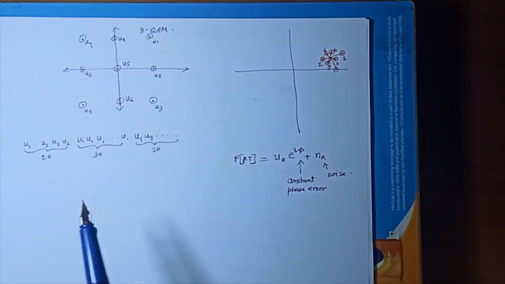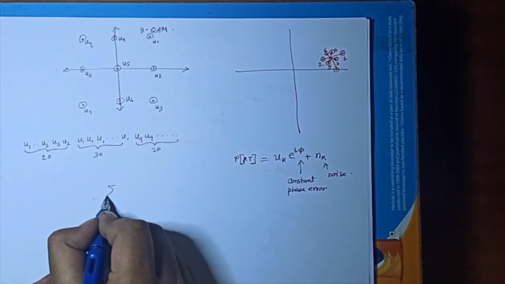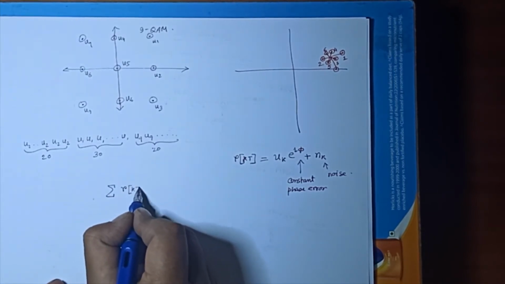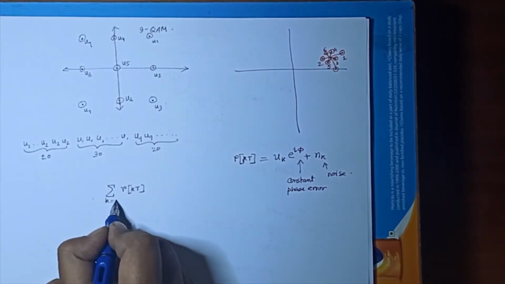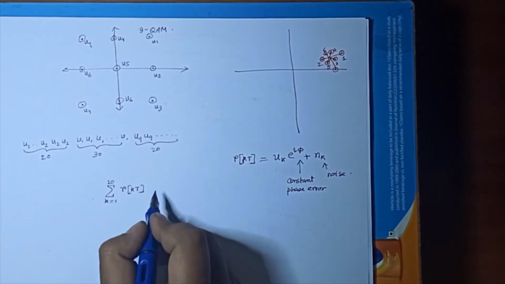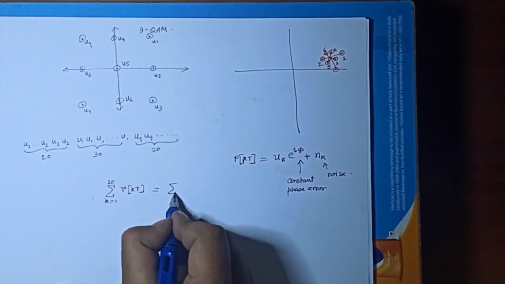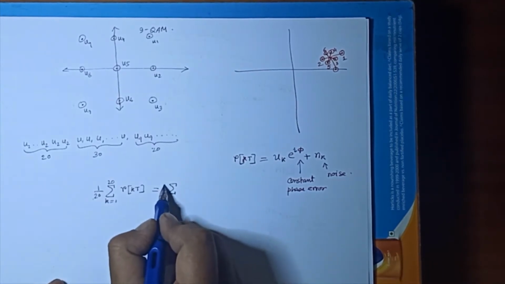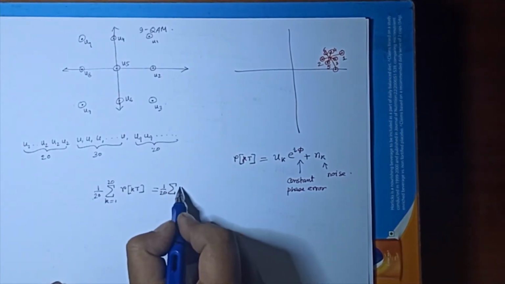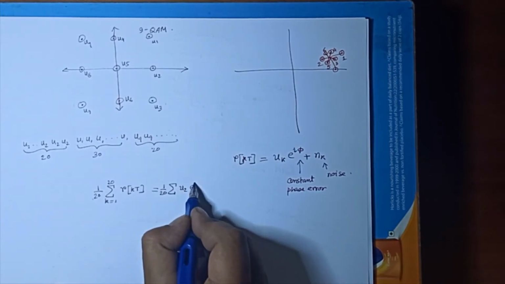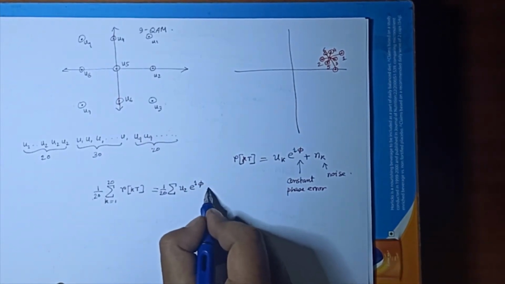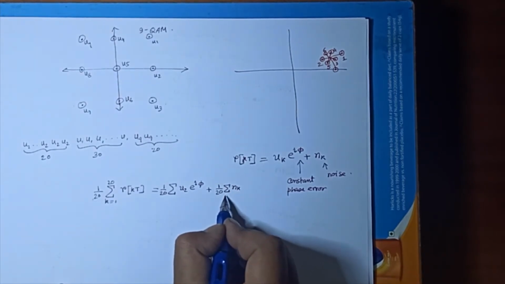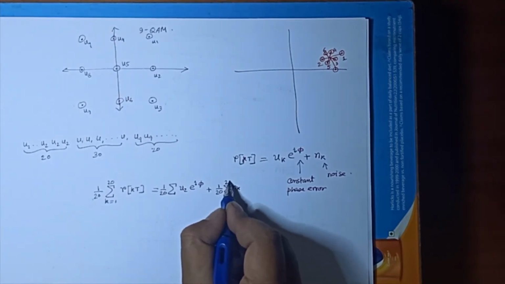So summation of R(kT) for k equal to 1 to 20, averaged by 1 by 20, gives 1 by 20 summation of U2 e^(j phi) plus 1 by 20 summation of N_k, k equal to 1 to 20.